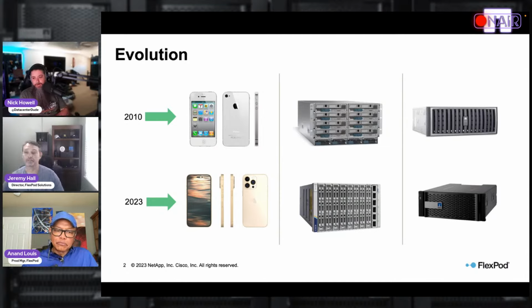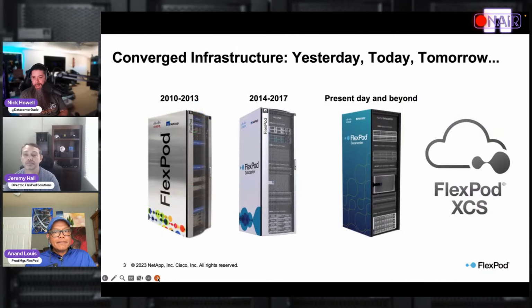All right, so moving on, where do we go from here? Basically, as you were saying, Nick, packing more in less space. Essentially, we have added 8 to 9 times more capacity on an existing FlexPod today.